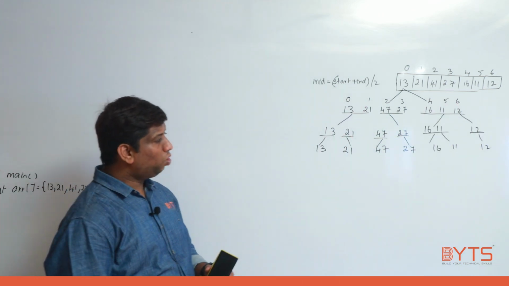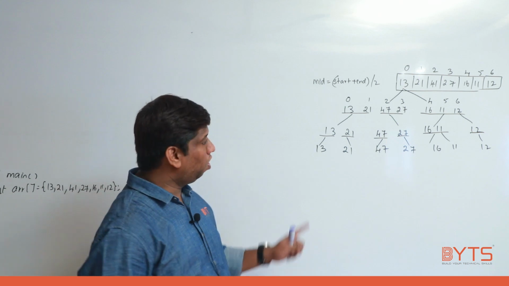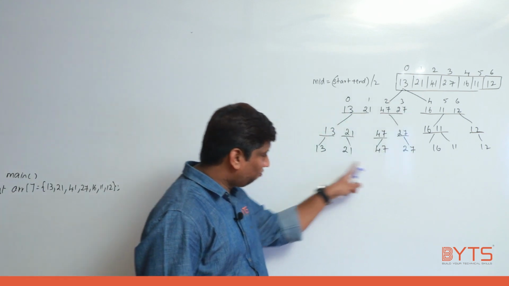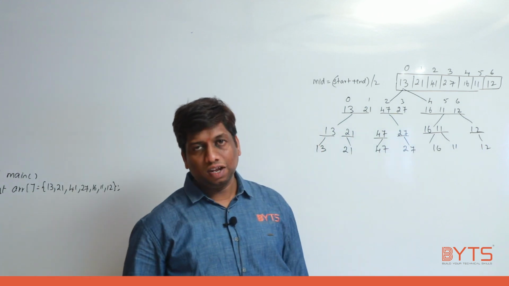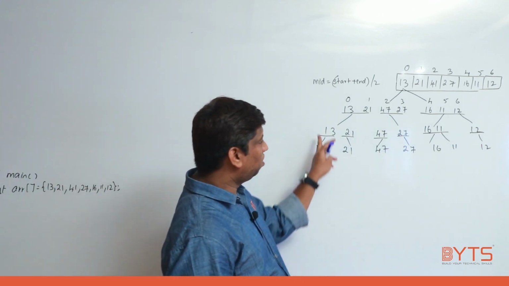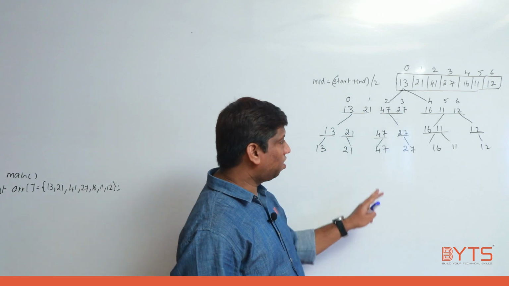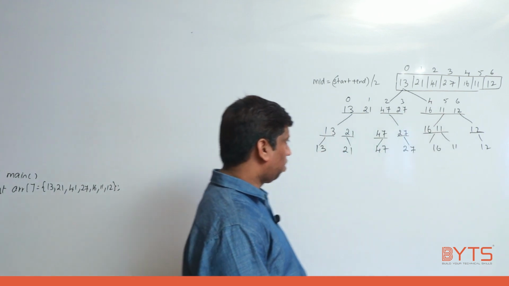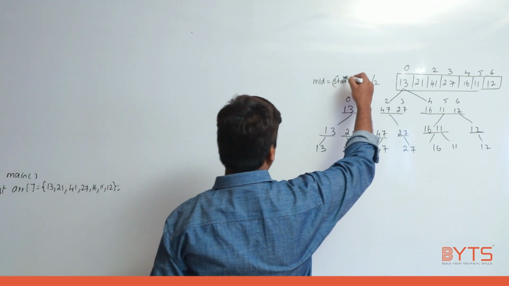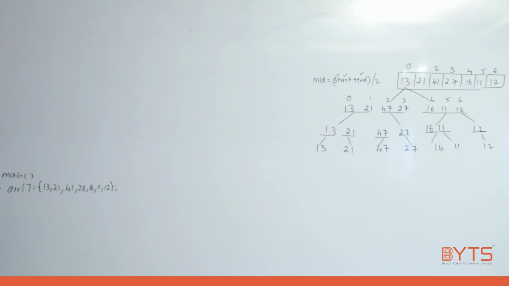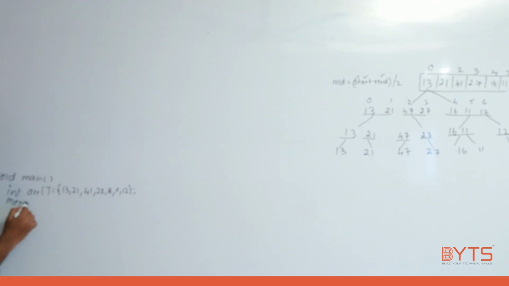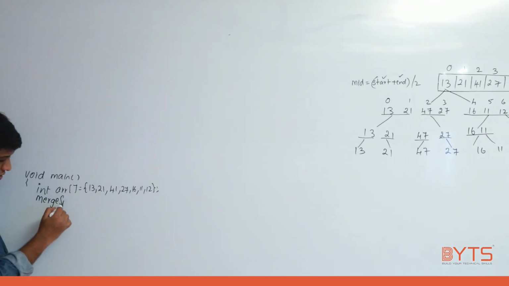So I need to write one recursive call which will take care of the first half, and a second recursive call which will take care of the second half, right? So I need to have two recursive calls. The first one will take care of the first part, the second one will take care of the second part. So I need to know only the start value and end value. That is the reason I am calling, listen carefully, merge sort.